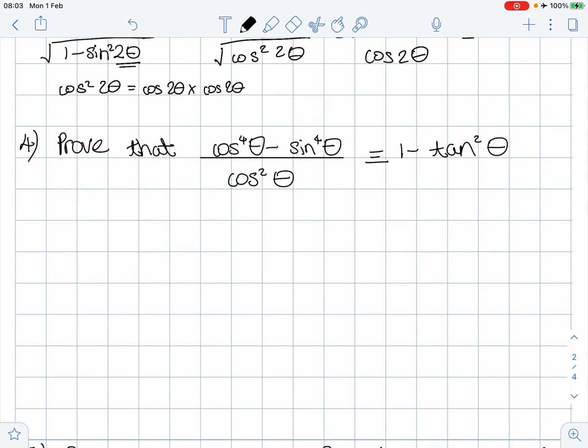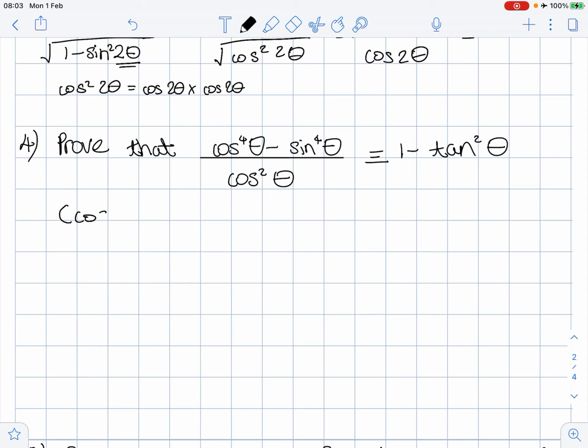So question 4 is a proof question. We have cos to the power of 4 theta minus sin to the power of 4 theta, divided by cos squared theta. We need to show this is the same as 1 minus tan squared theta. Firstly, this part, we can see is the difference of two squared numbers.